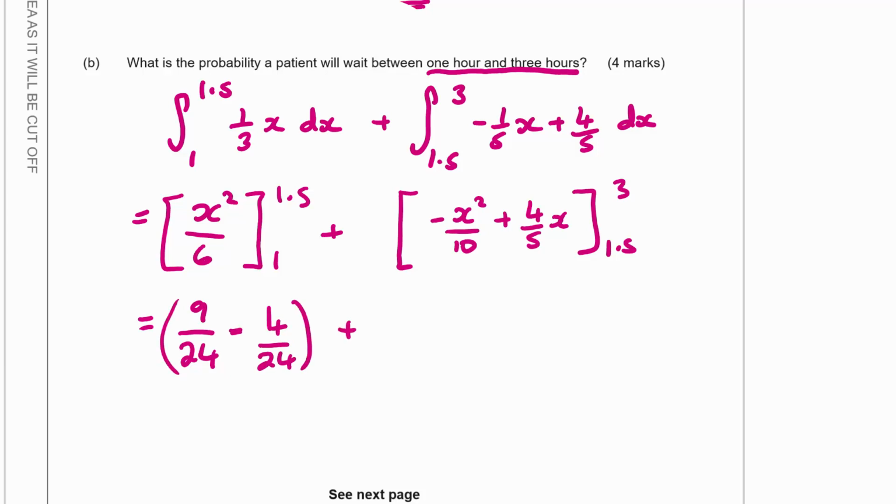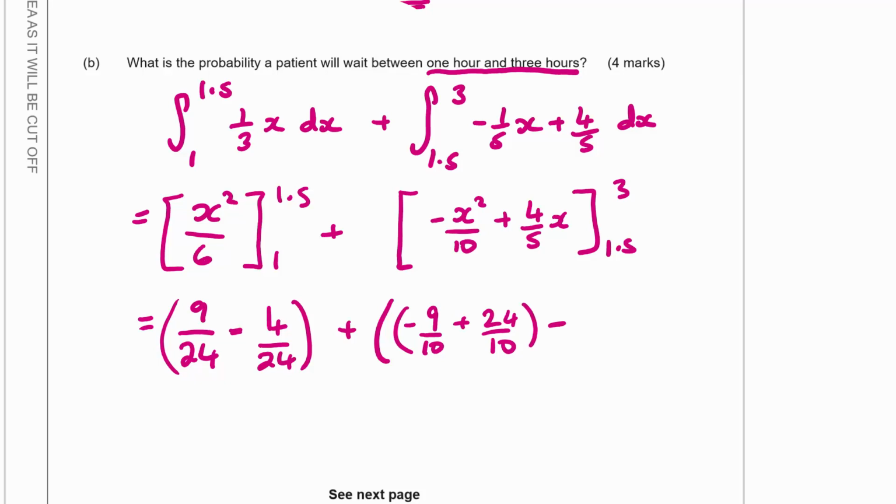And then we're adding. So when we get 3 over here, that is going to give me negative 9 over 10 plus 12 over 5, which is 24 over 10.